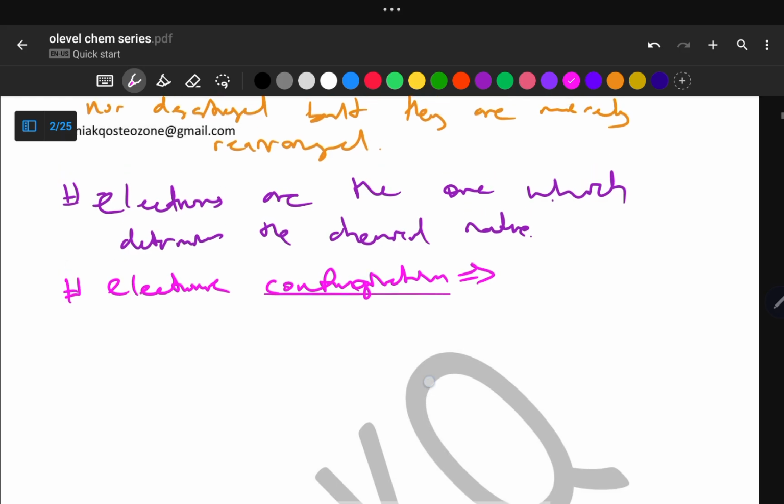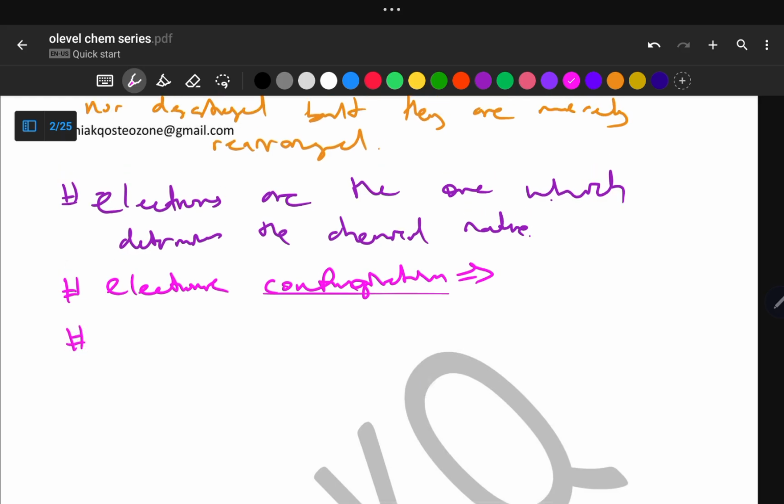Stability is found in group 8, or group 0, elements. So all the elements react to attain the stable noble gas electronic configuration. They want to have the same electronic configuration as that of a noble gas.